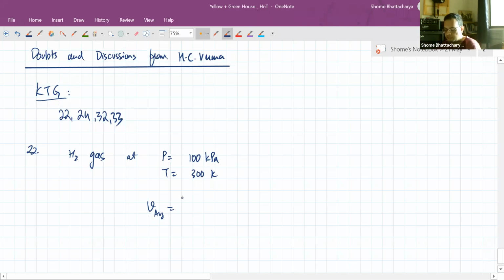Remember, it was one of the two additional formulae we had discussed. RMS is root 3 RT by M. Mean is how much? Maxwell's distribution curve. Remember, we discussed that part.